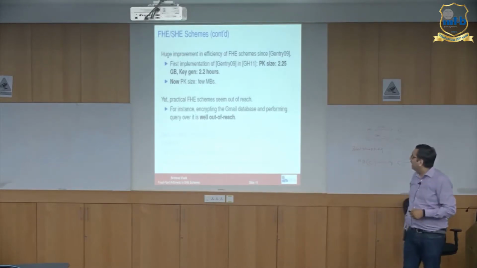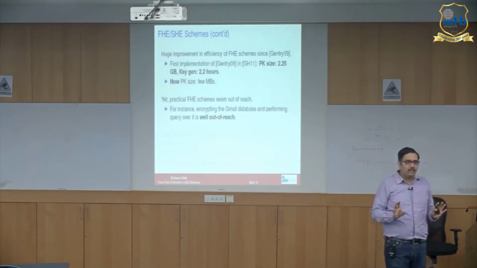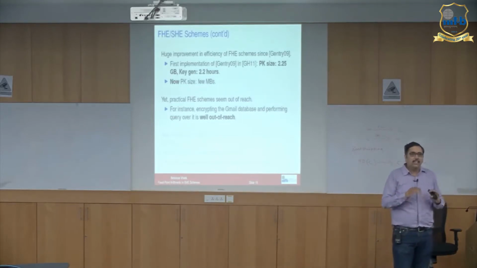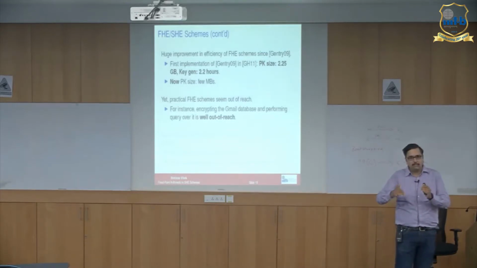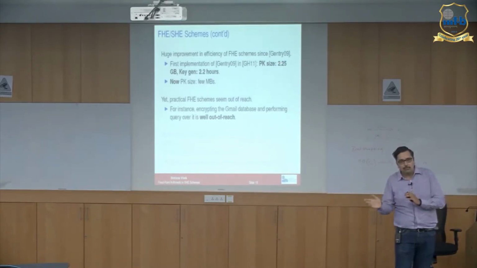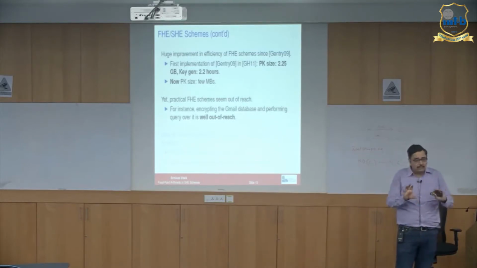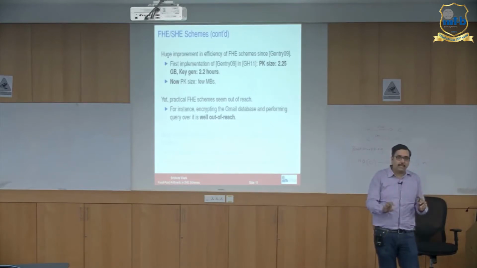But now, in 10 years, it's been a lot better. It's all brought down to a few megabytes. And as I mentioned, a typical computation takes about a million times longer than what you perform on the plain text data. But for some applications, mainly low depth circuits, they are pretty practical.